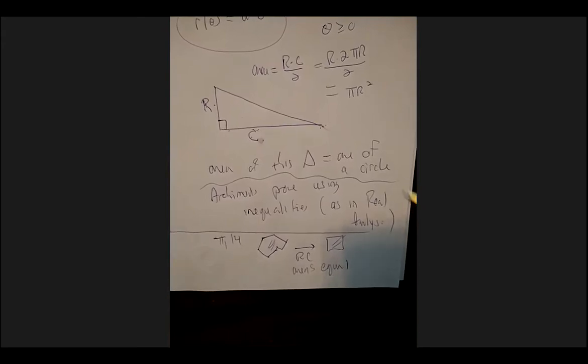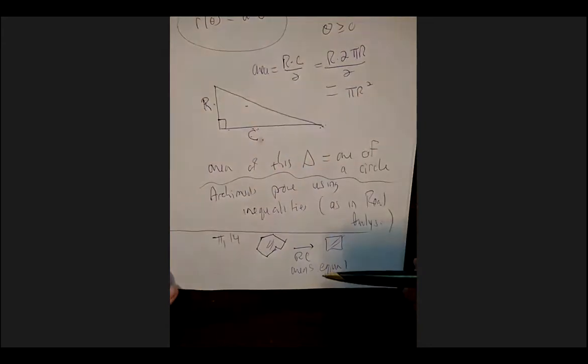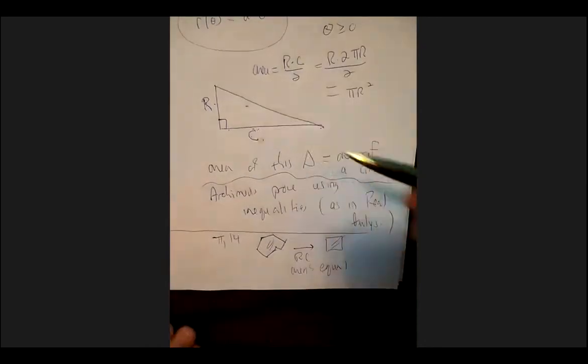So in the world of ruler and compass, if you could construct this triangle, then you can square the circle. You can find a square whose area is equal to that of a given circle. So the question is, how do I construct the triangle? What Archimedes did is he used a spiral.